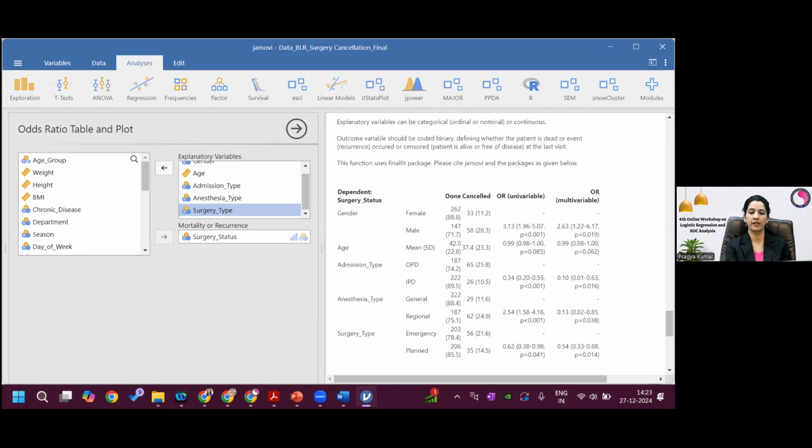And then you write this as multivariable odds ratio. Because for the final model, you are not going to give chronic disease and BMI because these were not significant. So we did not include these variables in the final predictor model. But for unadjusted, you have to show each and every variable. Or else you can write in the write-up that you don't give the unadjusted and only give the adjusted.